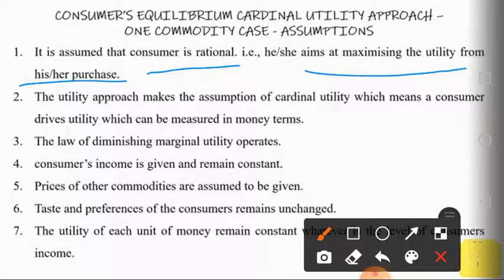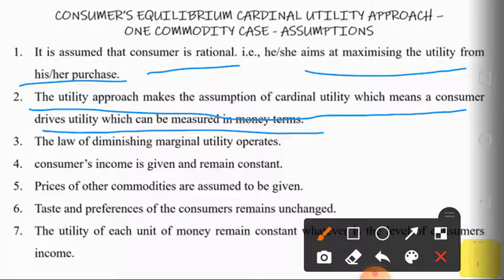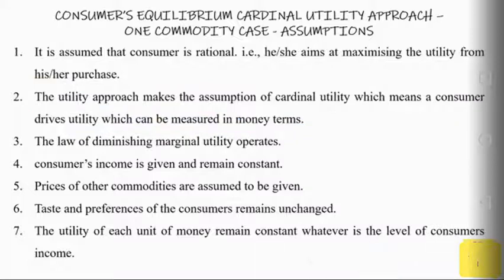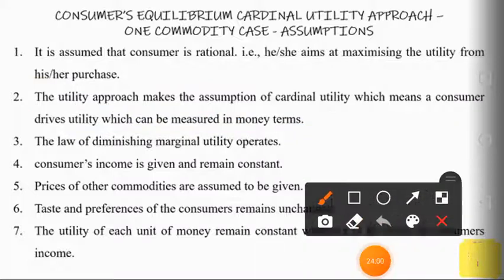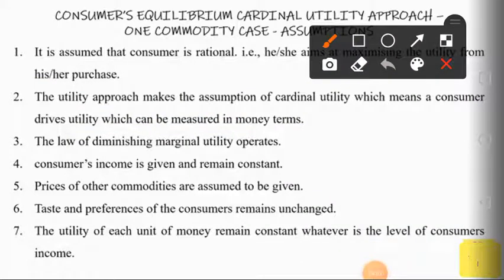The second: the utility approach makes the assumption of cardinal utility, which means a consumer derives utility which can be measured in money terms. Whatever money she is spending, he must be getting satisfaction from it, and it can be measured in money, and that is why it is called the cardinal approach.